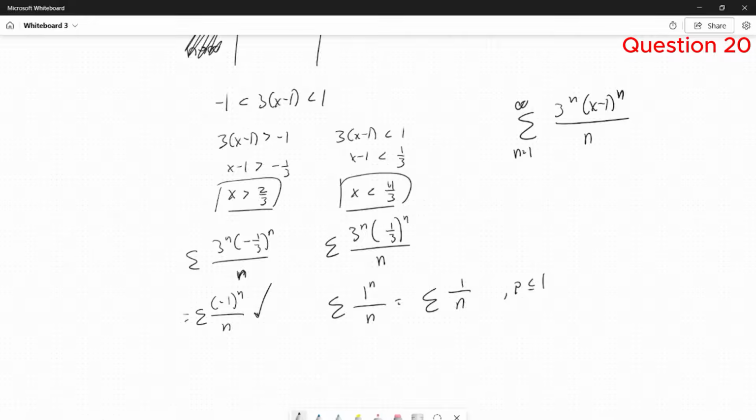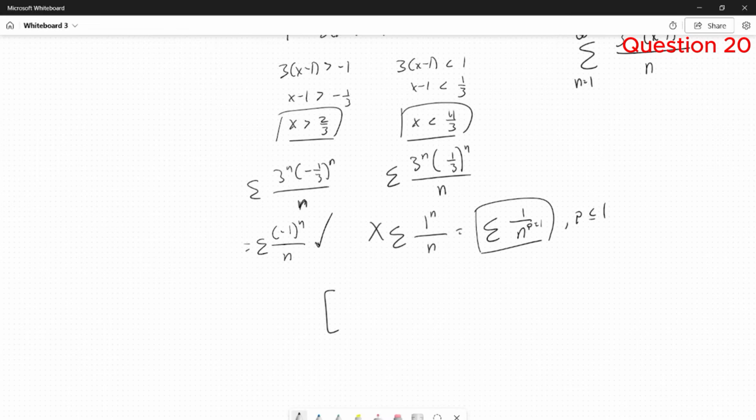In this case, p is equal to 1, and therefore this series must diverge. Thus, it does not converge when x is equal to 4/3. And so we have our final interval of convergence: closed bracket, inclusive 2/3, to 4/3, open parenthesis, exclusive.